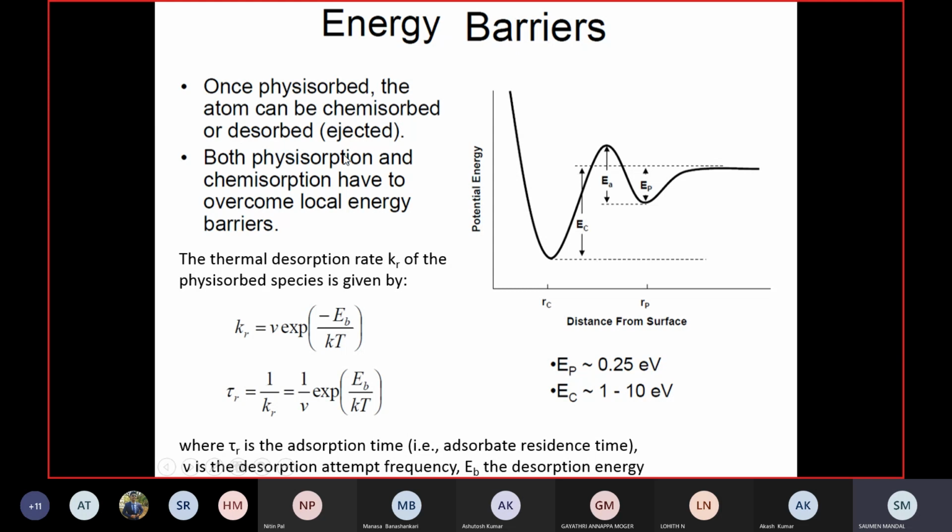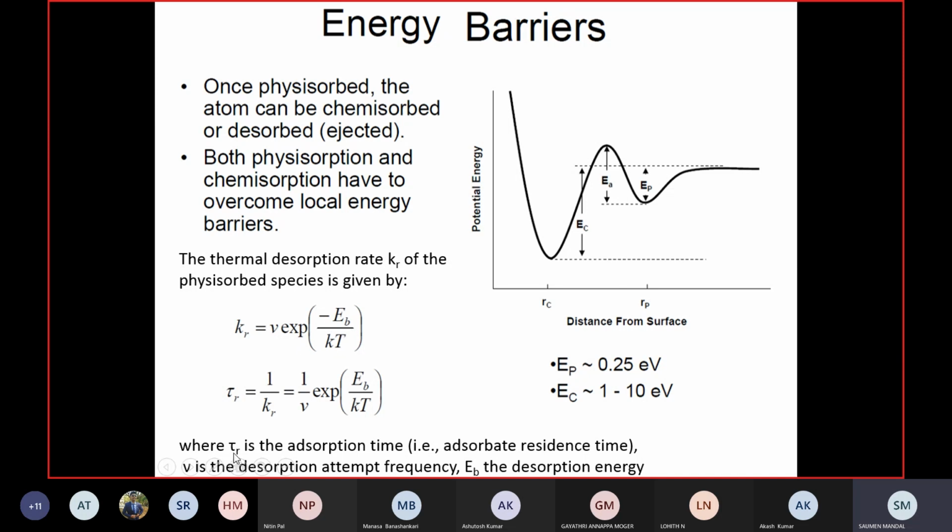There are two possibilities. Both physisorption and chemisorption have to overcome local energy barriers, that is EA. This needs to be crossed, and only then will it come to the chemisorption region. The thermal desorption rate kr of the physisorbed species we can define by this equation: kr equals nu times exponential of minus EB by kBT.